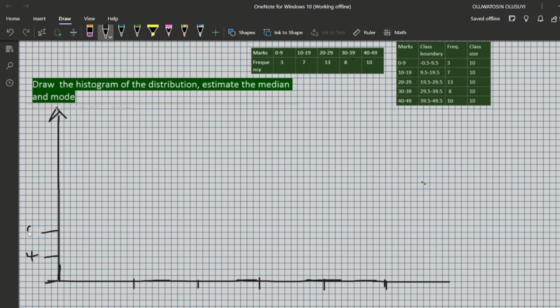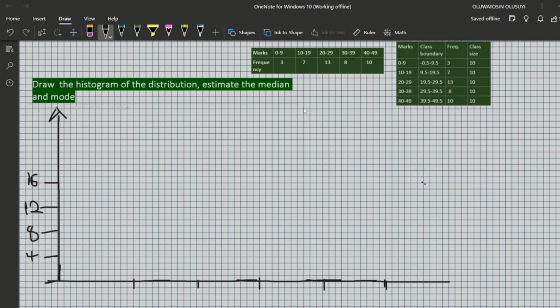And this place to be 8. And this place to be 12. And this place to be 16. So we have that, and let's just have the bars that way.